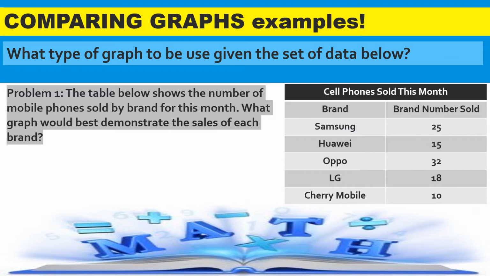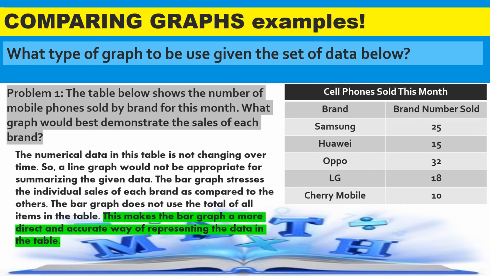So we have the cell phones sold this month: Samsung, 25. Huawei, 15. Oppo, 32. LG, 18. And then Cherry Mobile, 10.